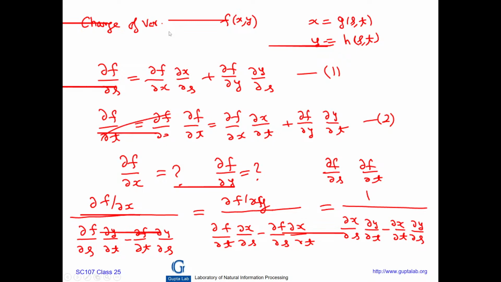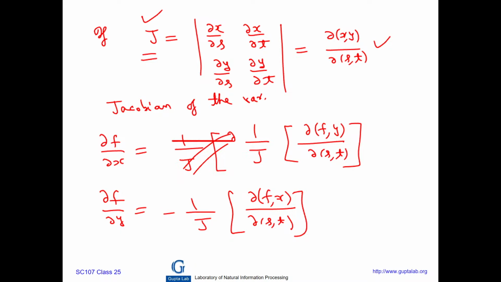So this I want to find and this I want to find, del f over del x, right? Using Cramer's rule, if you remember what Cramer's rule is, we have used Cramer's rule to find this solution here. These two equations were given to you, and using Cramer's rule we found this formula here.